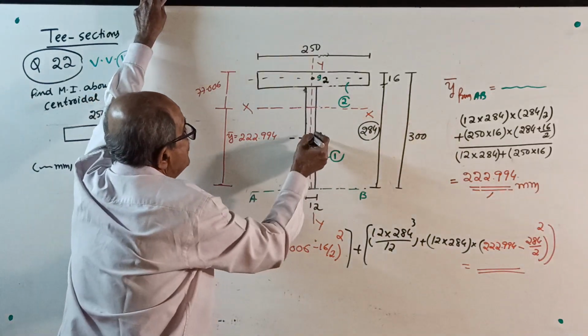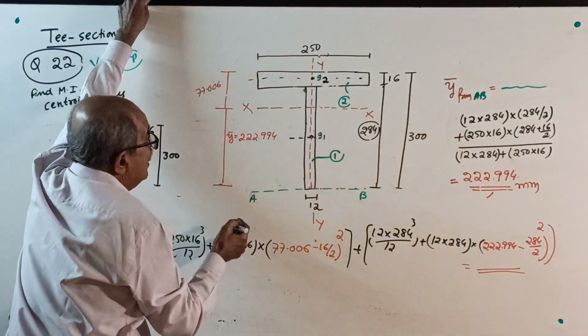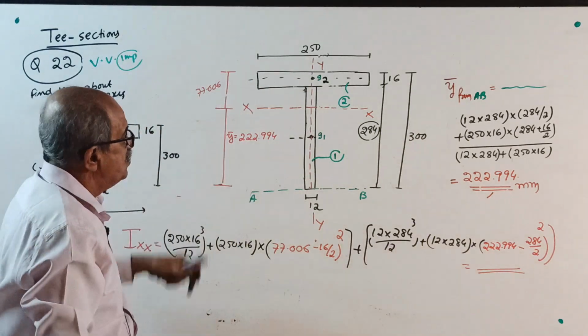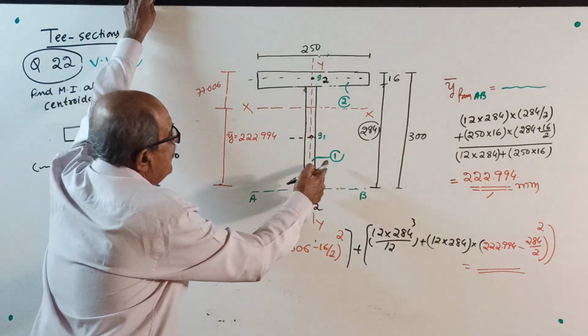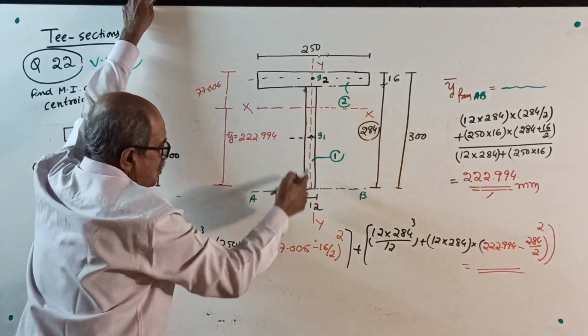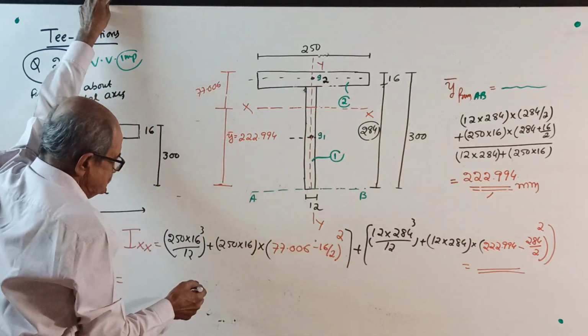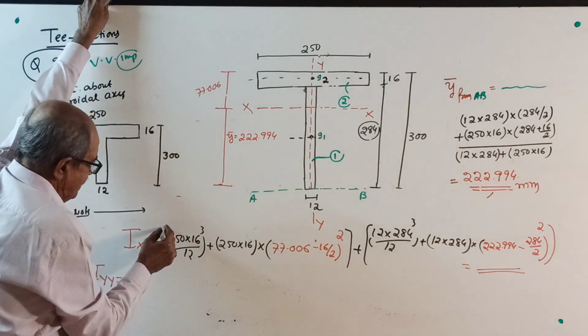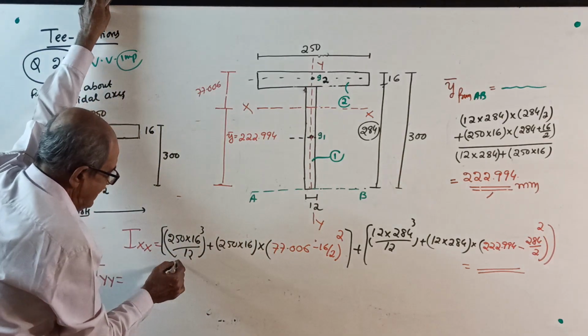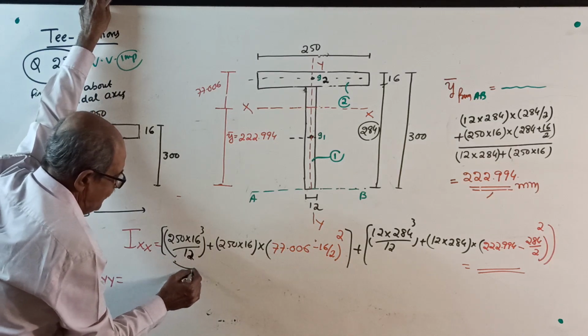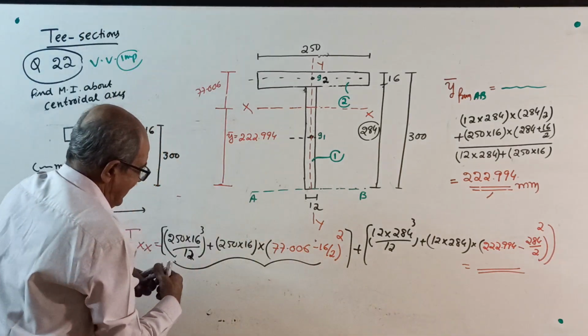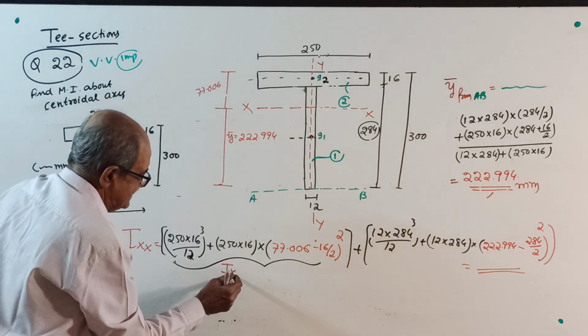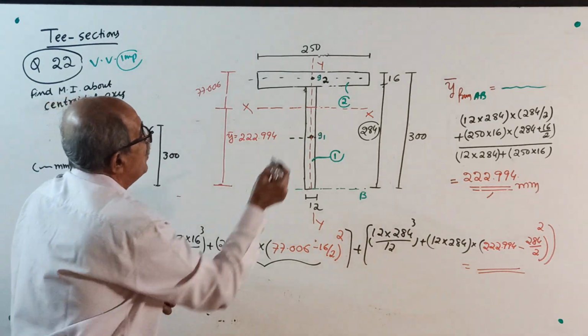Start. Centroid G1 is here. Oh, I think I interchanged. What to do? I took this as 1, that as 2. It is interchanged. Okay, no problem. See, or make a note, this is by mistake. This is I about xx for 2.